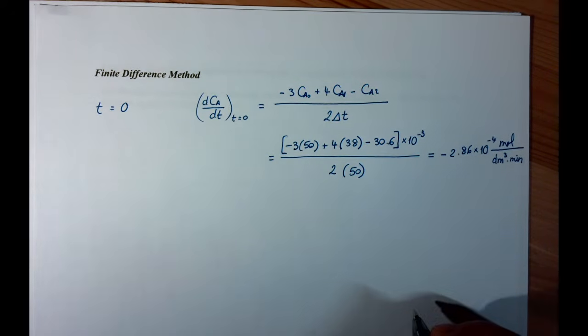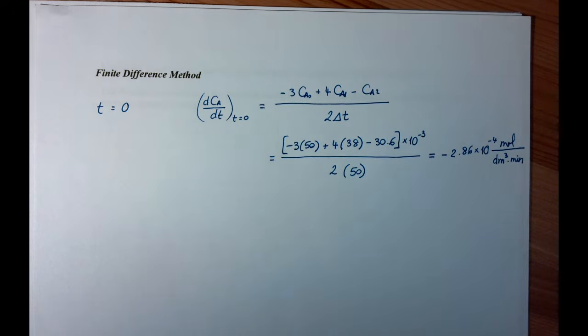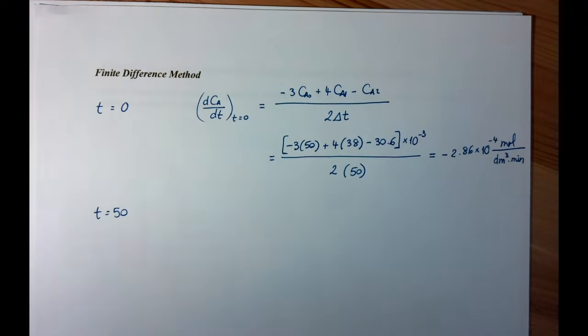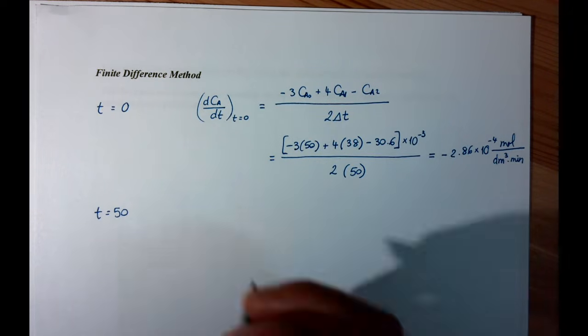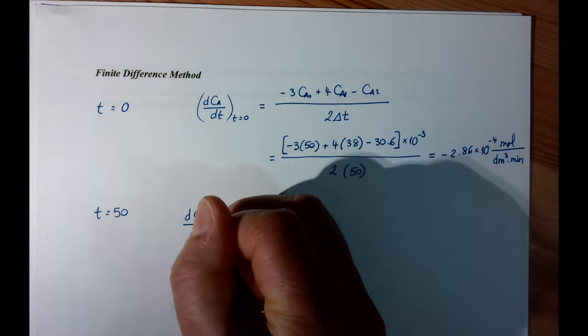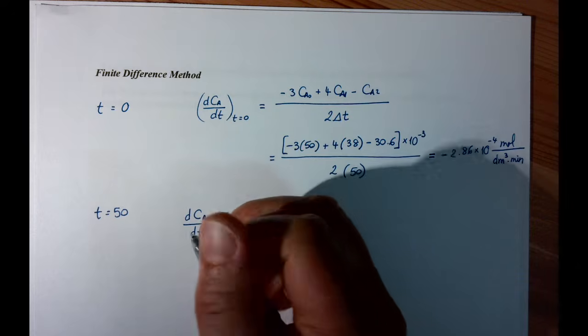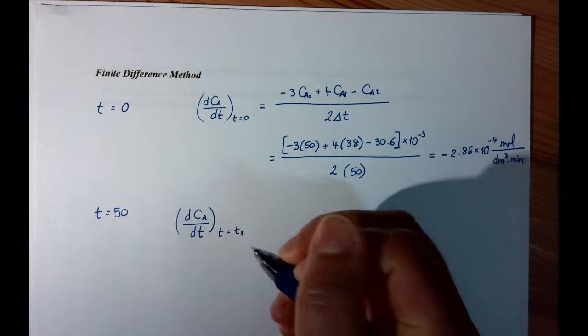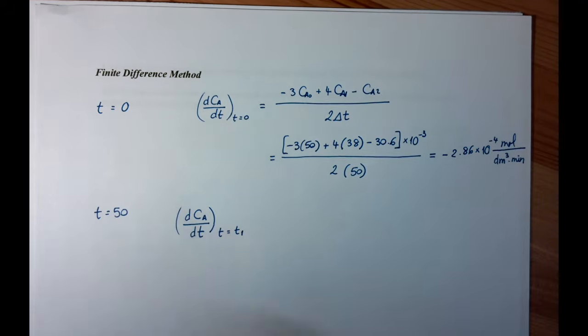Okay, now we need to do this for all of the times that we have. Your next data point is at time 50. So we're going to use the expression for intermediate points, dCA/dt at t equal to t1, which is 50 minutes.